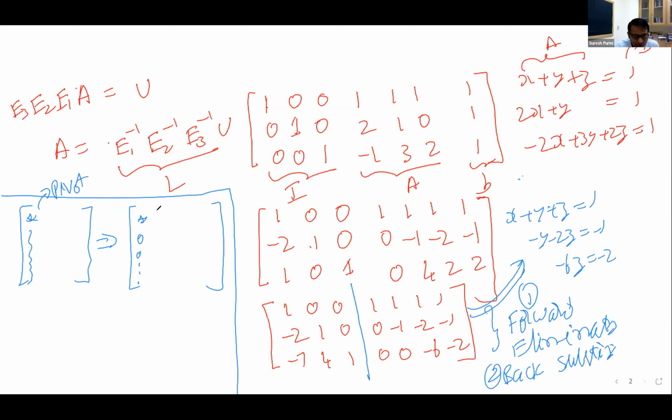And then after that, we take this element as the pivot and knock off this column. When you do that, the structure of the matrix will be like this, all zeros.